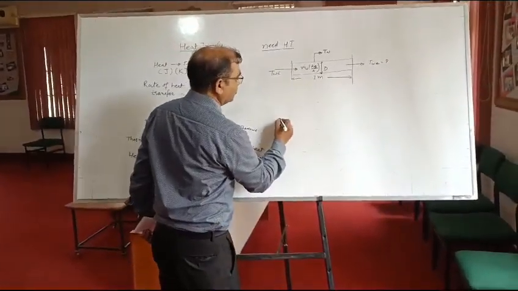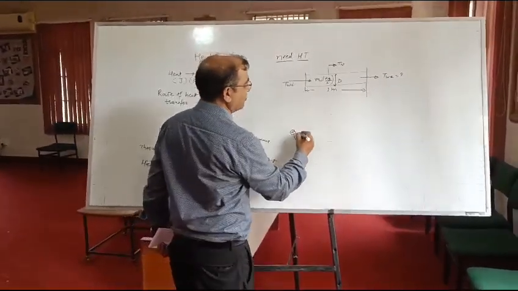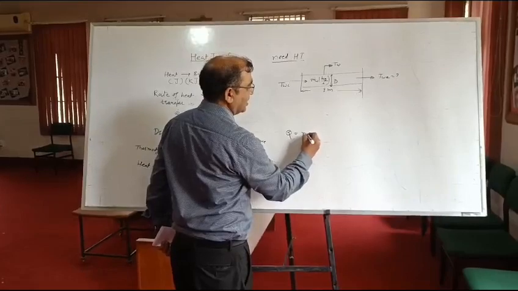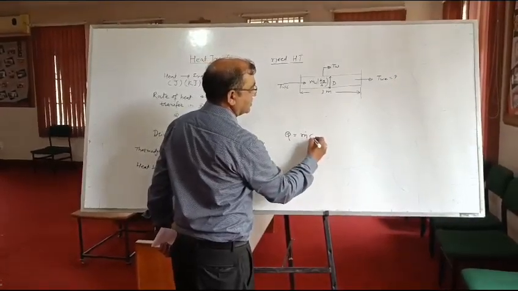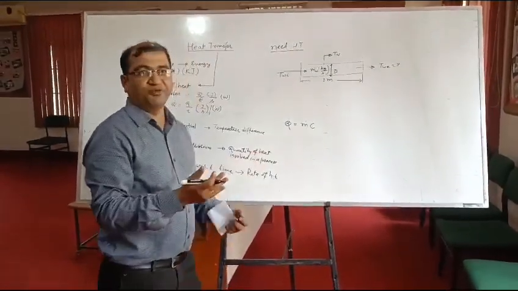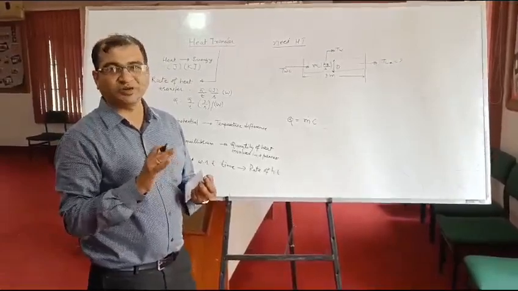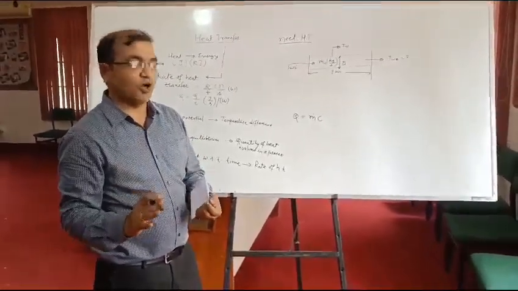Now, how to find heat? This heat can be obtained by the simple formula m dot c del T. C is the heat capacity. If it is air, it has two heat capacities, specific heat at constant pressure and specific heat at constant volume.